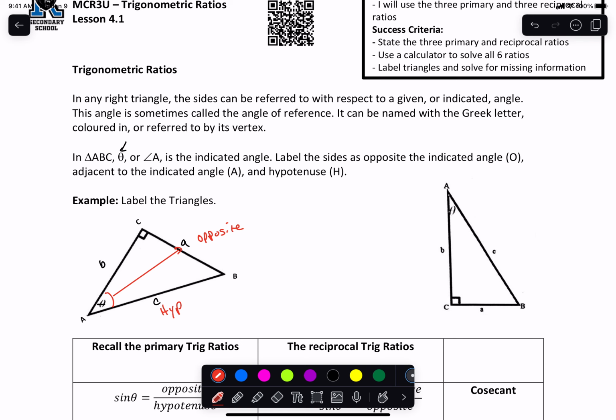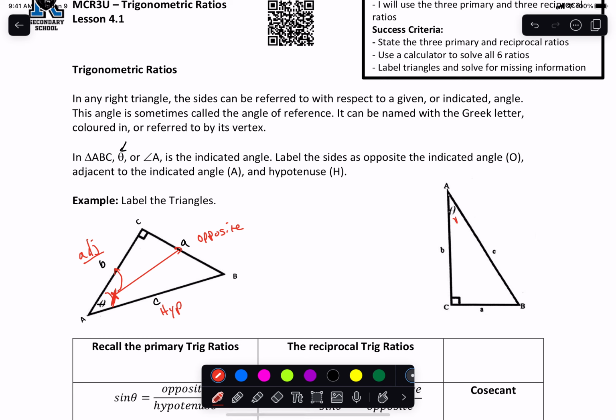By default, there are only three side lengths in the triangle. What's the last one? Adjacent. What's another word for adjacent? Beside. So if you're standing at this angle, the one that is beside you is what we're going to call adjacent.